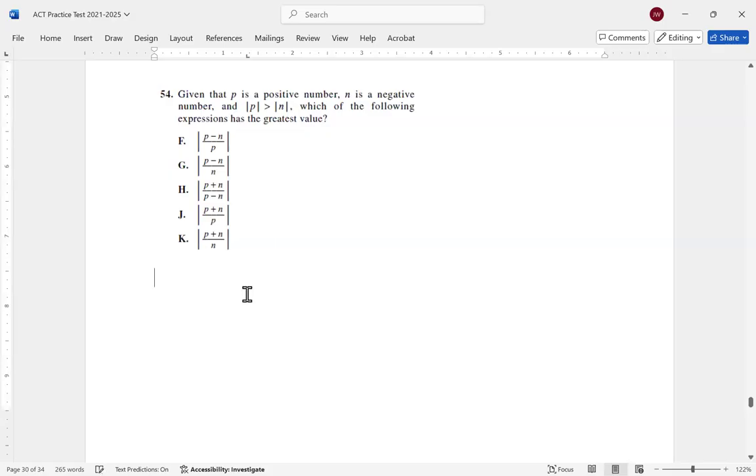Question 54. Given that P is positive, N is negative, and the absolute value of P is greater than the absolute value of N, which of the following expressions has the greatest value? So we're looking for a fraction in absolute value that has the greatest value. So we're going to be looking for the largest numerator and the smallest denominator.